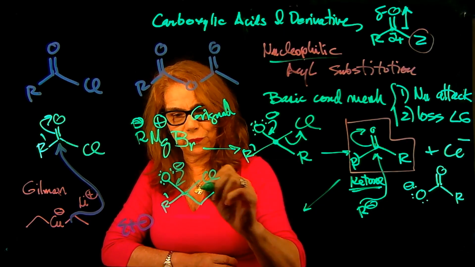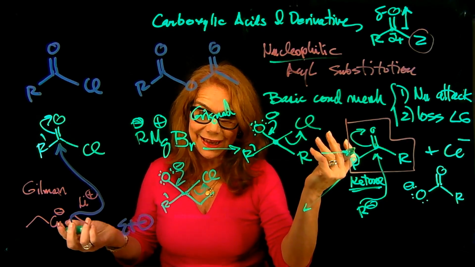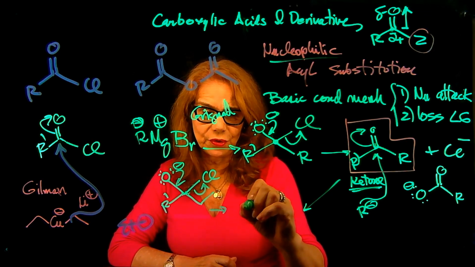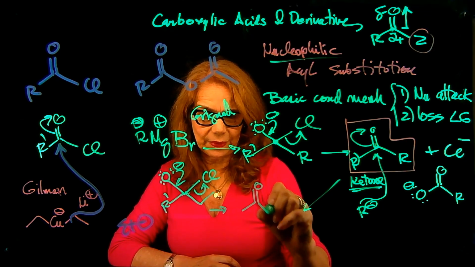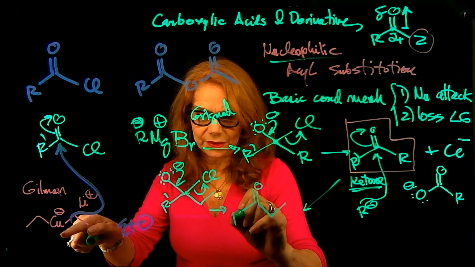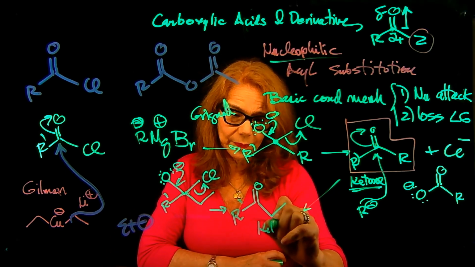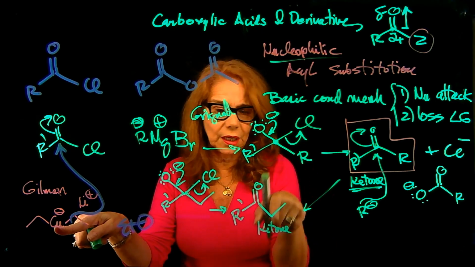Here you reform the carbonyl group, loss of leaving group. I'm following those steps. And here you're going to get, well, here you have an ethyl because of my chosen reagent here, right? So that's a ketone. But Gilman cannot attack ketones.